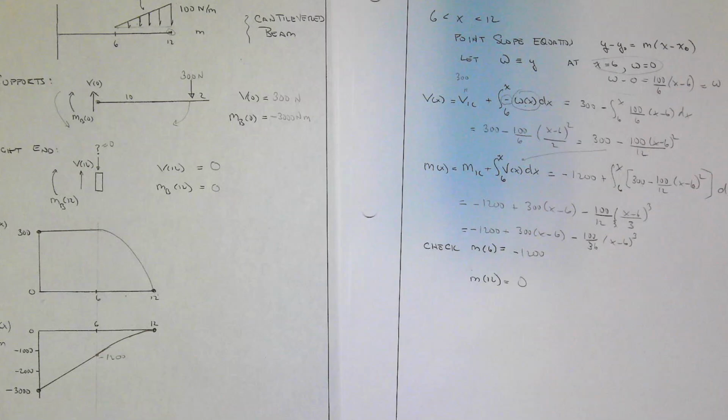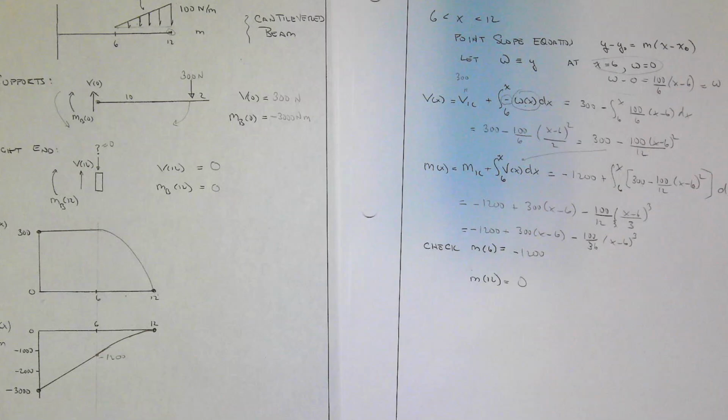Plus, we're going from 6 to some point x. Stick this into here. Bracket 300 minus 100 on 12, x minus 6 squared, dx. All right, integrate that.